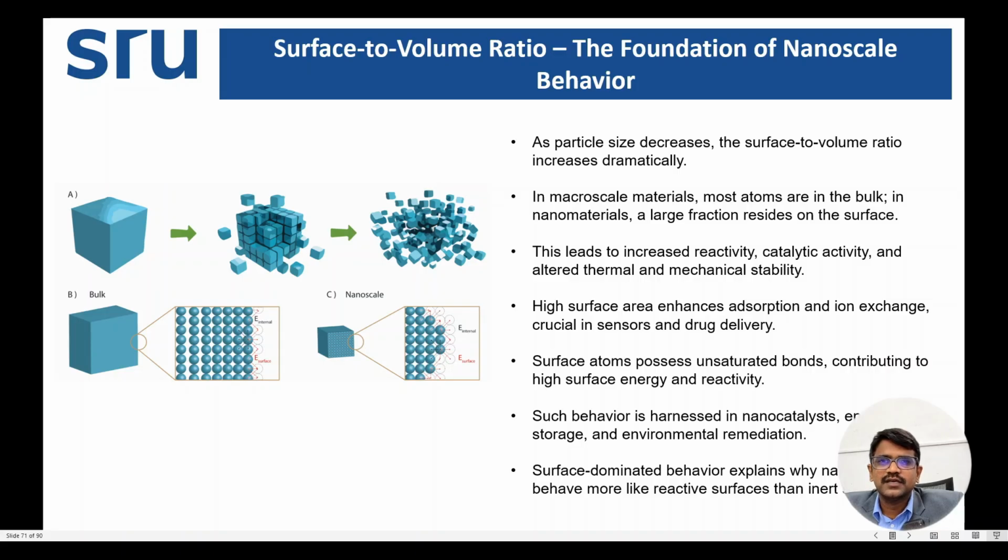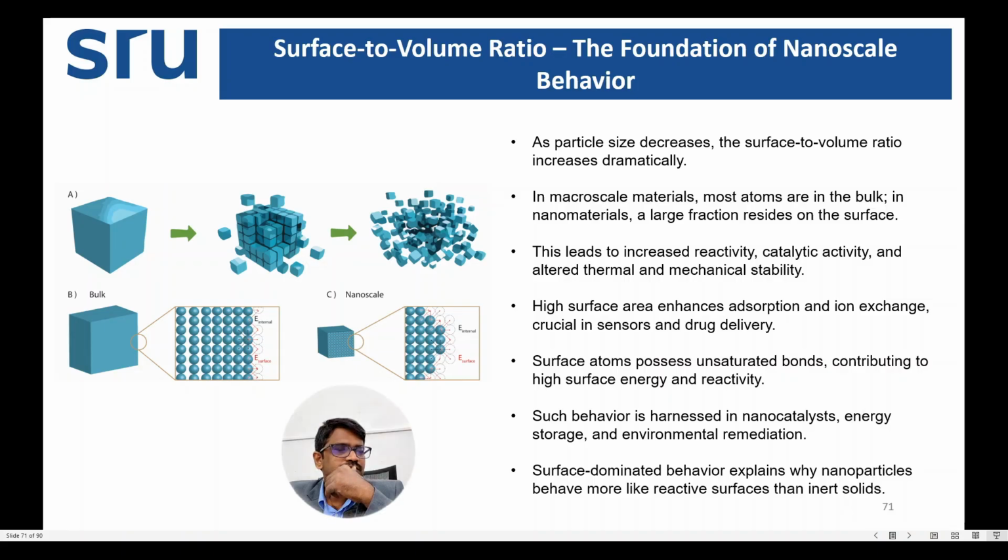At the bulk stage, the particle size is large. This is the bulk particle, and this is the nanoparticle. If you compare the size, it is very much smaller. So as the particle size decreases, the surface to volume ratio increases dramatically.